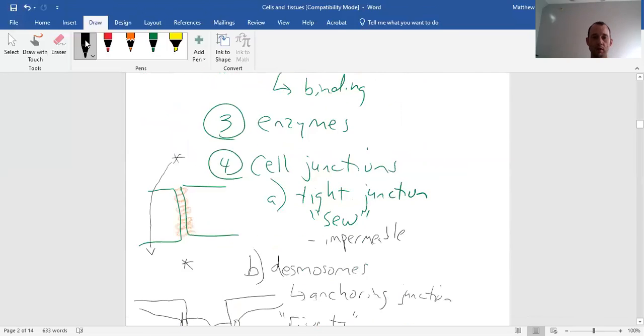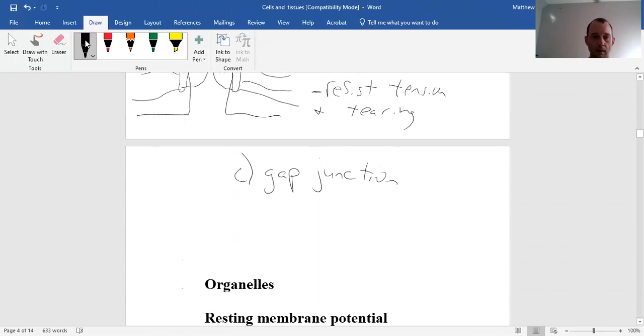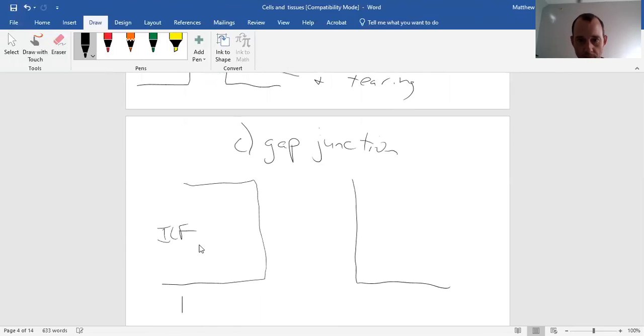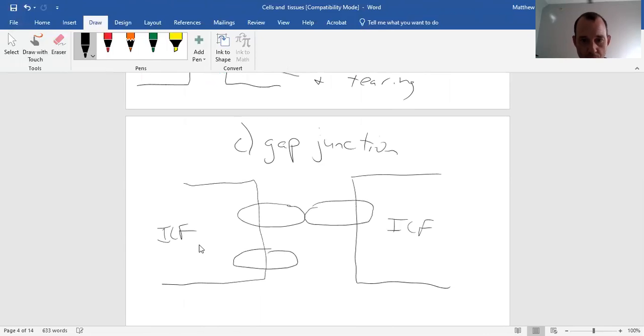A gap junction is different. What actually occurs is we link IPMPs between two cells. So if I take this one cell, and this is your ICF, and this is another cell, and this is your ICF, then a gap junction takes IPMPs between two cells and fuses them.